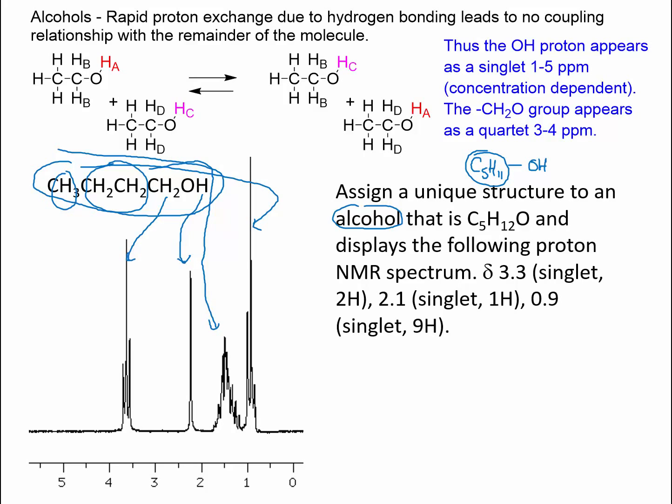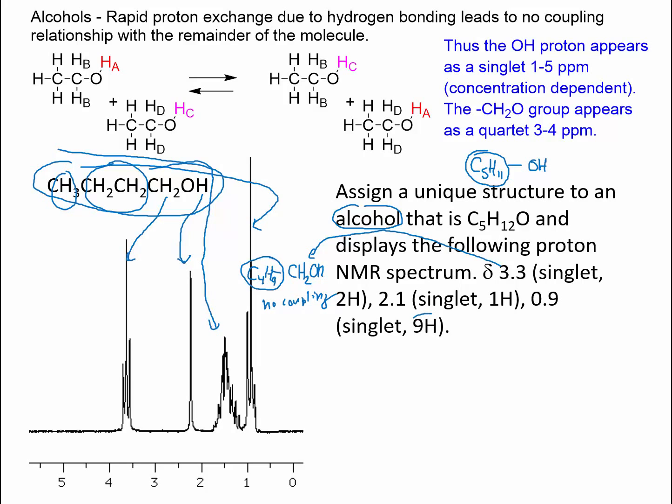Okay, so at 3.3, we have a singlet, so that means that it can't be coupled to anything else. So this is our CH2OH group here. And thus we have to have C4H9 over here. And we have to choose a C4H9 so that there's no coupling.